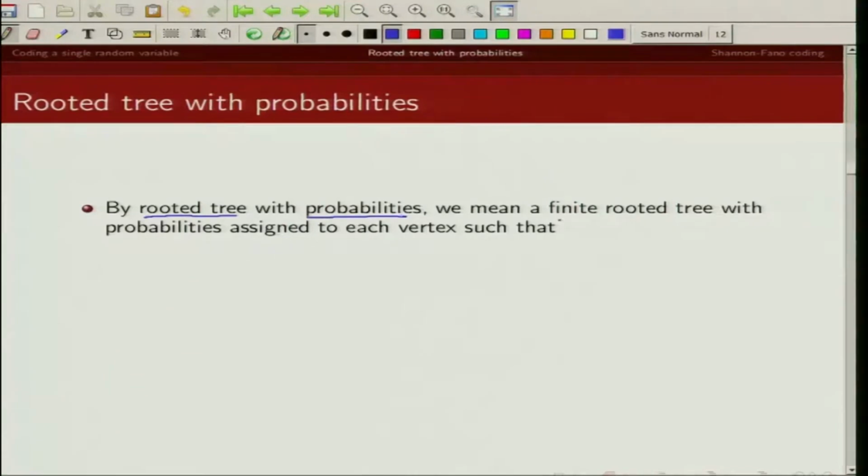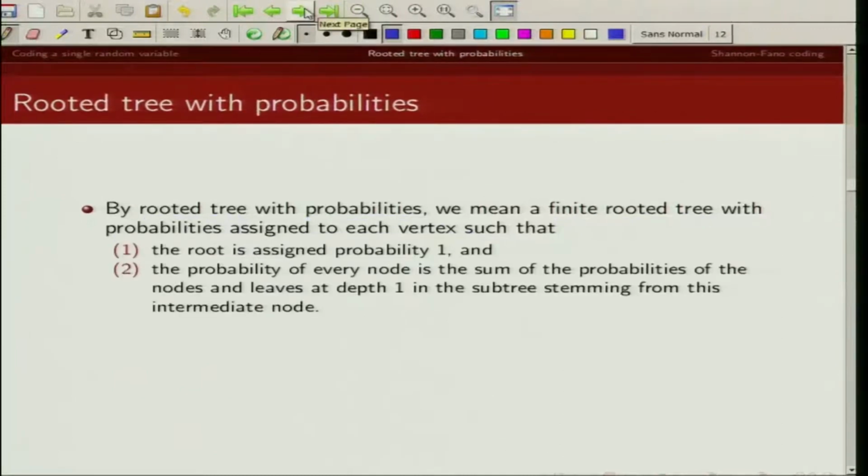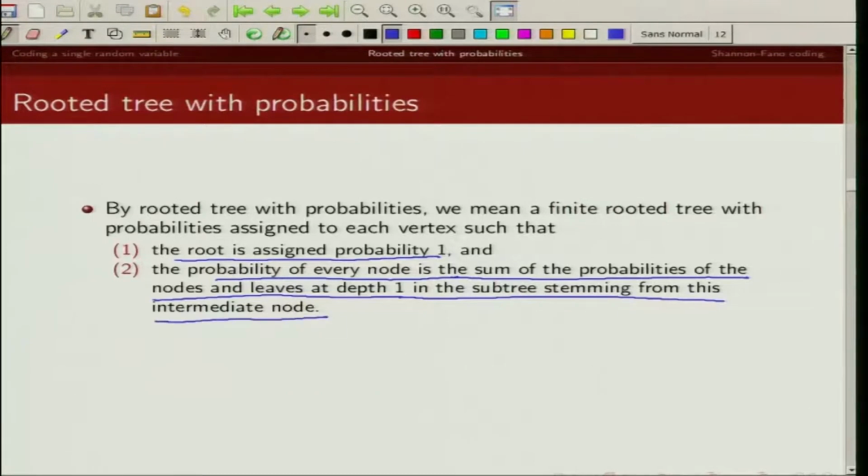By a rooted tree with probability, we mean a finite rooted tree with probability assigned to each of the vertices. Now how do we assign these probabilities? This is as follows. The root is assigned probability 1, and the probability of every node is the sum of probabilities of the nodes and the leaves at depth 1 in the subtree stemming from this intermediate node.